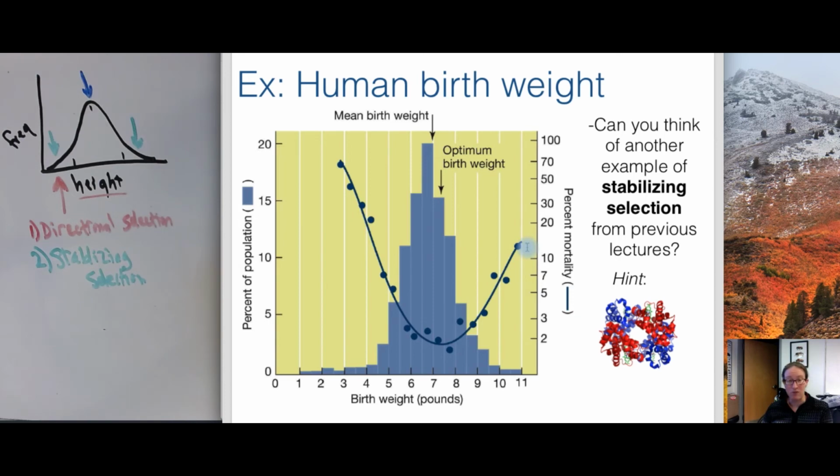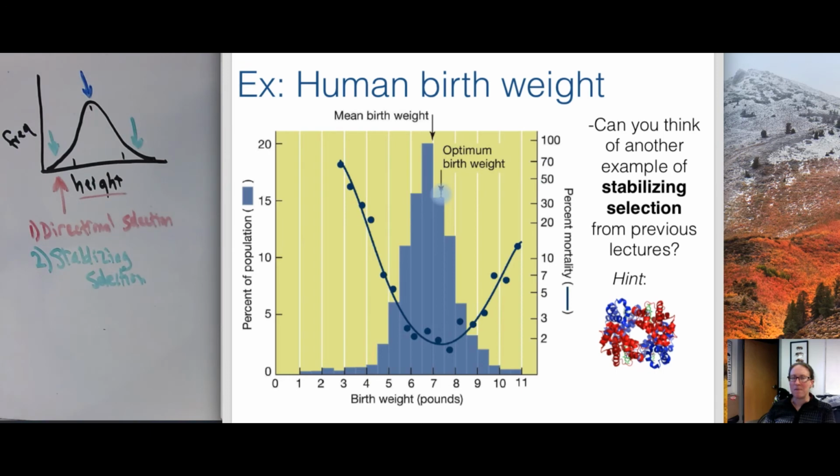Probably because they have run into a lot of problems trying to fit through the birth canal. And so it's difficult for them to be birthed. So there's selection here acting against both low birth weight and really high birth weight. And so instead we wind up getting a narrow distribution of optimal birth weights, and most of the babies that are born are somewhere close to this optimum.